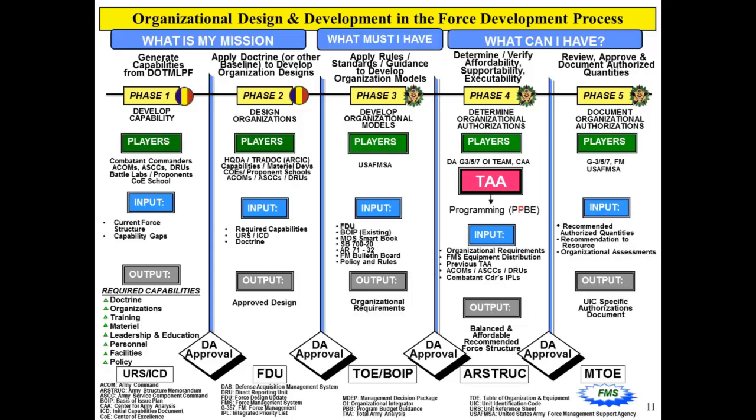You must have X amount of cooks per people. You must have X amount of medics, or you must have X amount of radio operators or whatever. And then it gets into what we can afford. Affordability, suitability, and executability. And that's the processes of total Army analysis and programming where we look at money. And then once all that's done, we've made our priorities and decisions, then we create the final document.